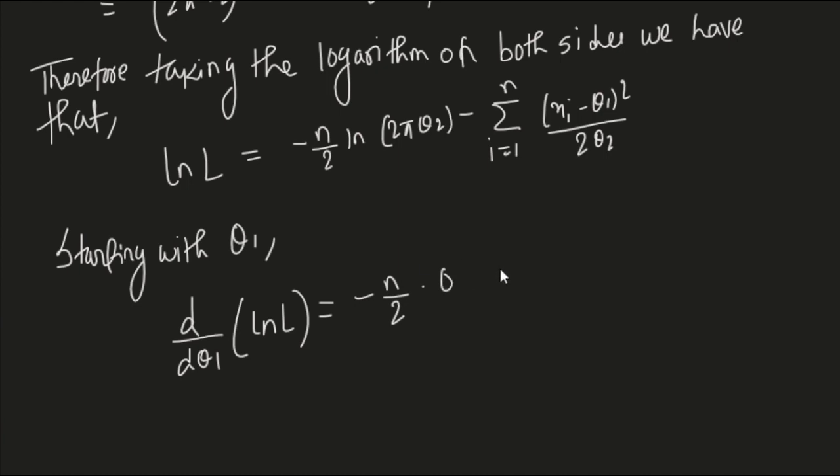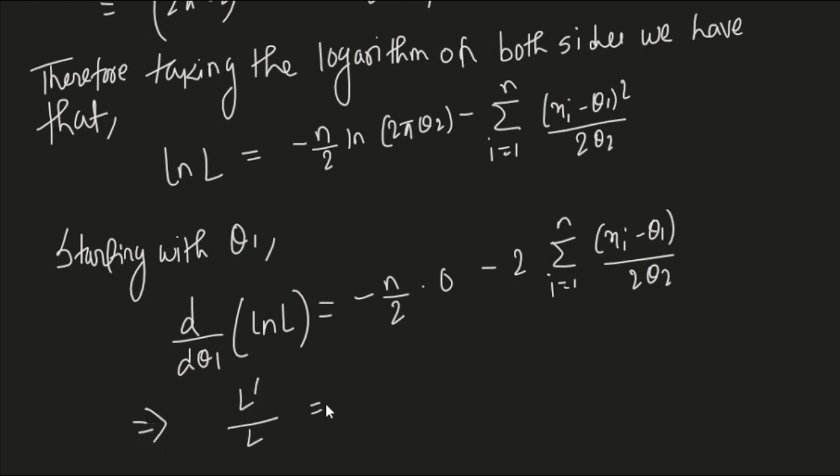This would be 0, while this would be 2 times. Therefore this gives us L prime by L equals minus 2 summation i equals 1 to n of (xi minus theta 1) by 2 theta 2, right?